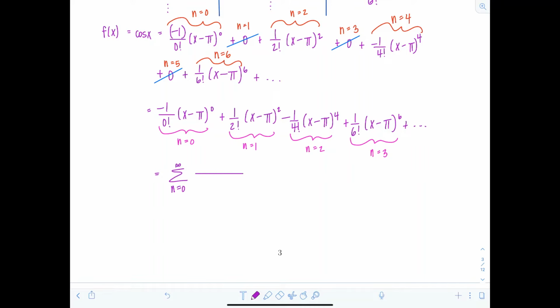Notice in the denominator, I have 2n factorial, since they're all even factorials. I'm going to have x minus pi raised to the 2n, even exponents on all of those. And then I need the first term to come out to be negative, so I want negative 1 to the n plus 1. So there we go.